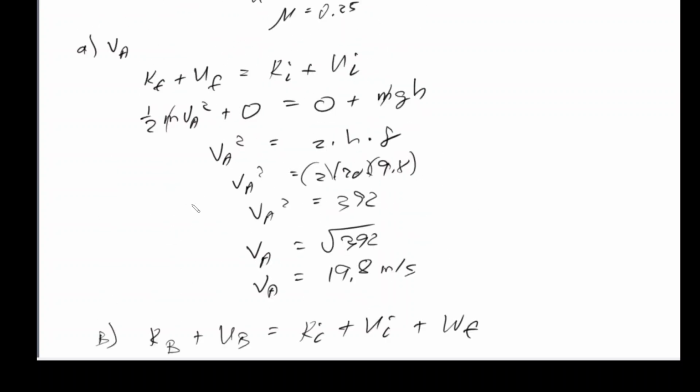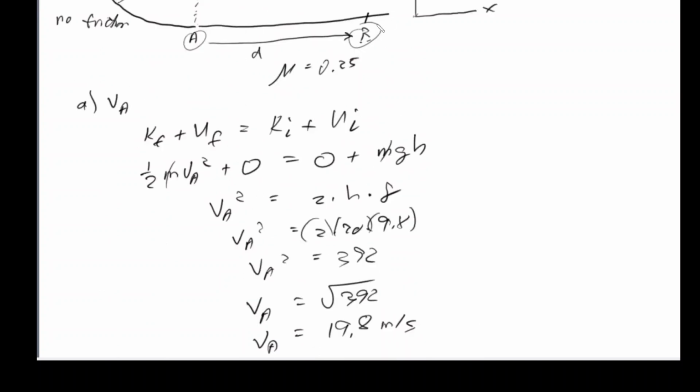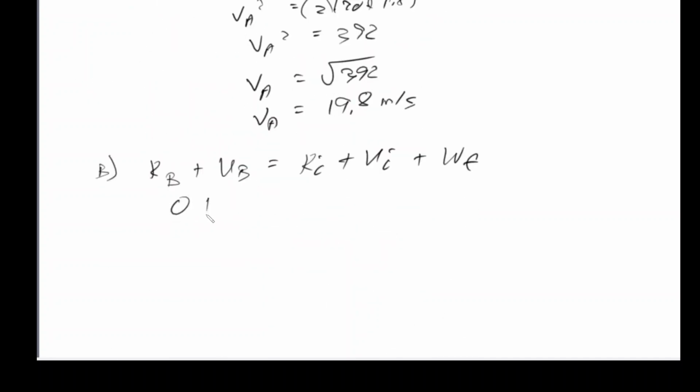Now, at B, he has stopped, so there's no kinetic energy, and he's at the 0 reference point, so there's no potential energy. So 0 plus 0 is equal to, again, he started from rest, so his kinetic energy initially is 0, plus mgh, which was the radius.